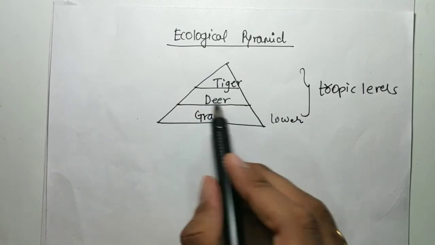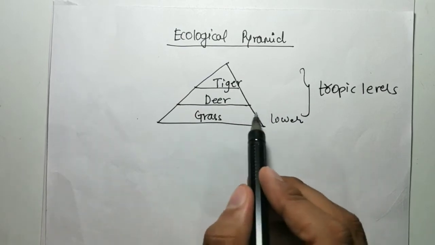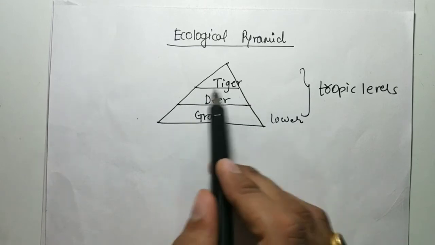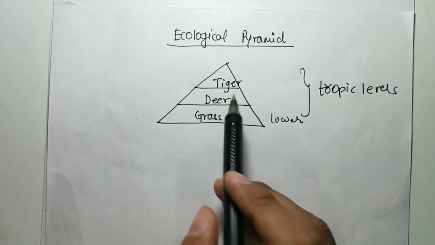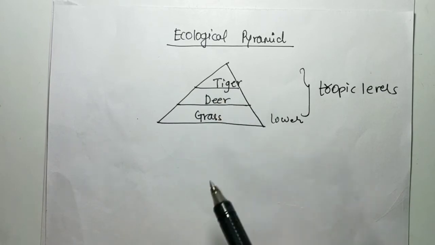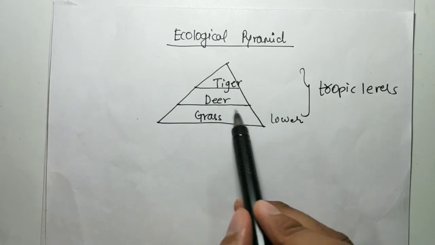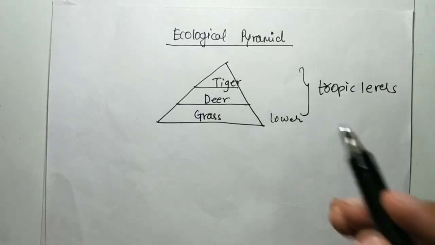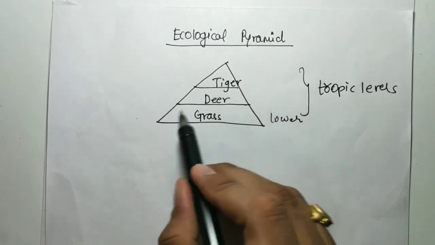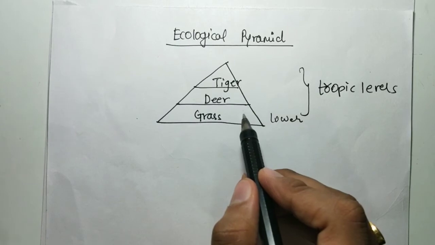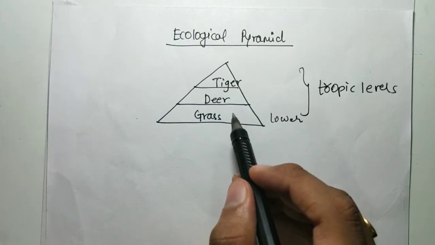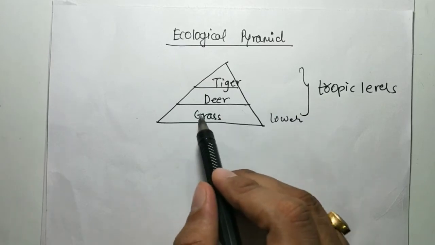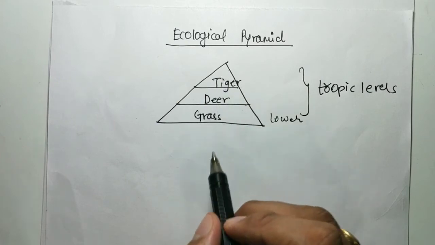Grass is large in number, there may be millions. Deer may be lakhs. But tigers are a few thousands. So the number of organisms in the lower trophic level is more, and it keeps on decreasing as we go higher.